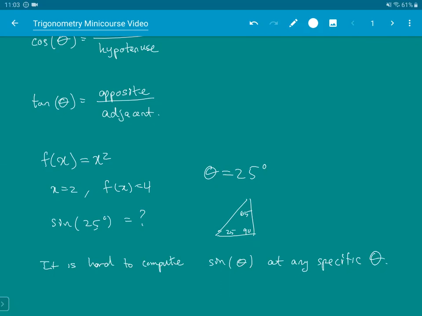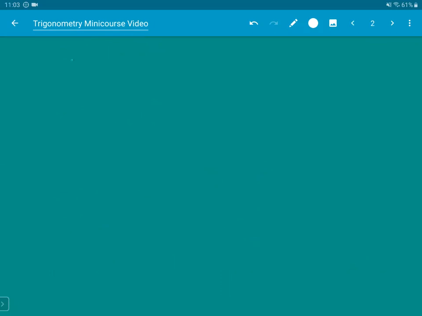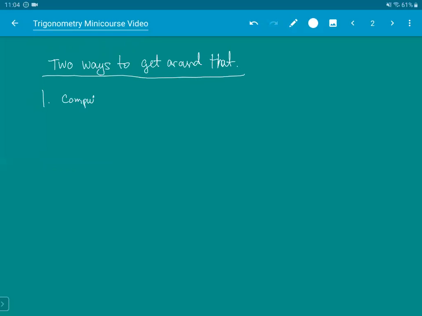So how do you deal with these trig functions then? Well, there are two ways to get around that. One is not really a long-term strategy, but it's still useful, which is that you can compute trig functions at certain values.